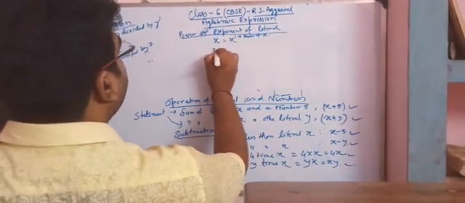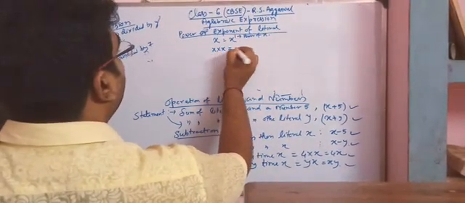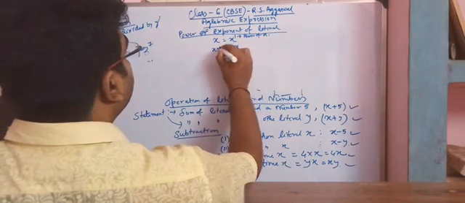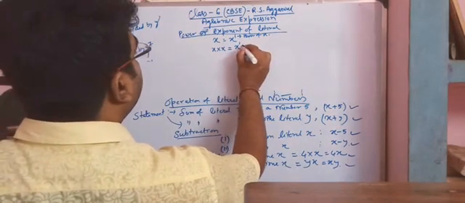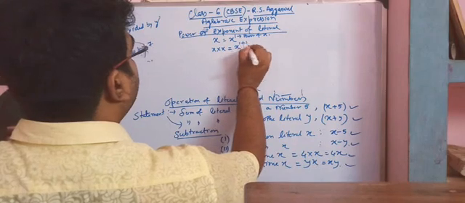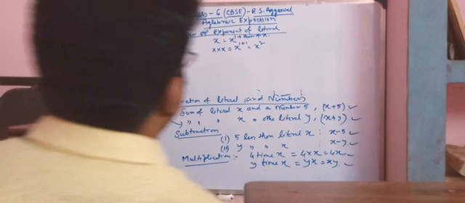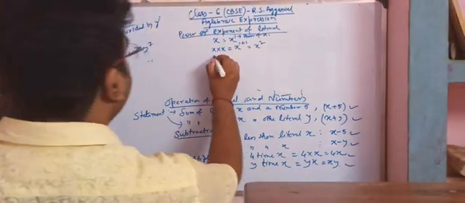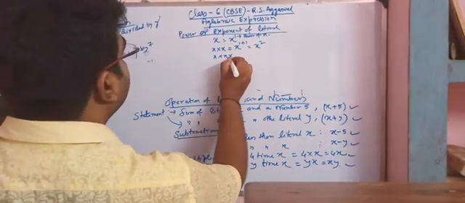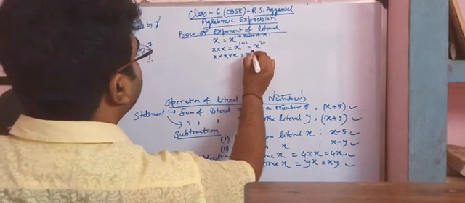Now if we multiply x into x, what will happen? The power of first x would be 1 and the power of next x would be 1. So for multiplication the powers would be added and we are getting x square. Okay, so that is x square. Similarly, if we multiply x into x 3 times, what comes? X to the power 3.